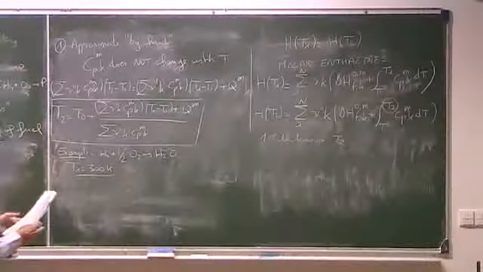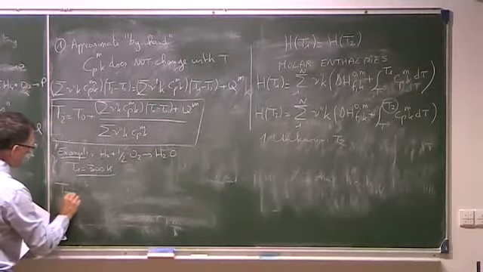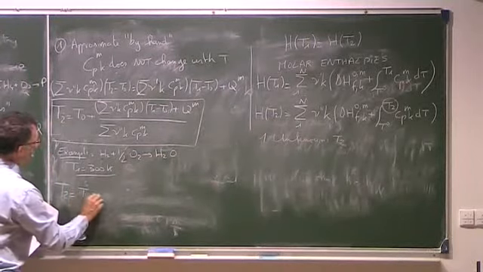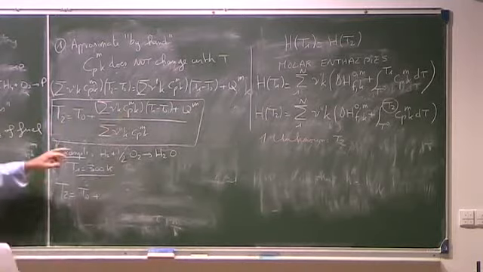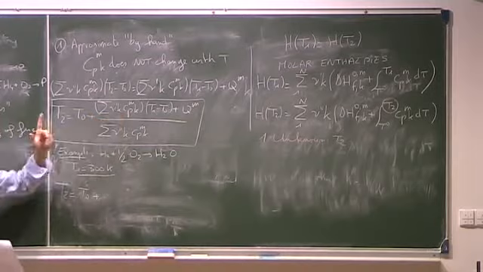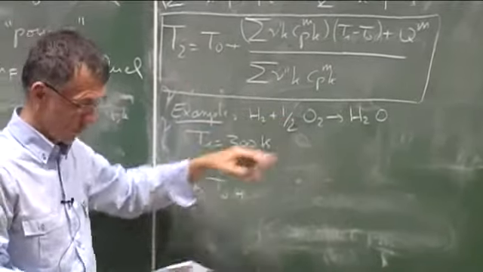Well, you look at this equation, it's a simple one. It's going to say T2 equals T0 plus the sum of the nu prime k CPK molar. Well, those are the reactants. The reactants, there was only H2 and O2.